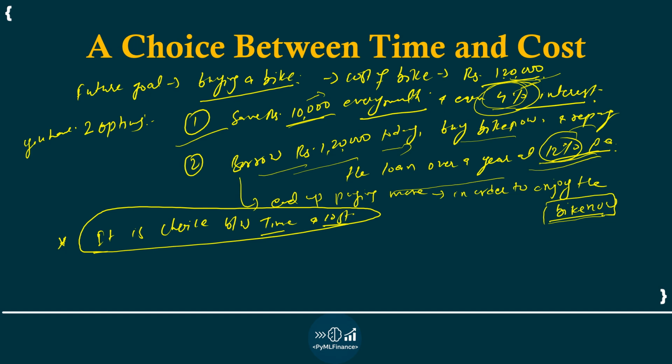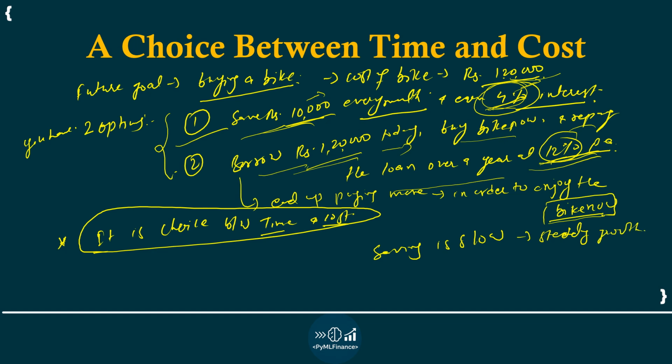So that's the reason we say that it is important to understand how interest rates work before making any financial decision. Here you have to make a financial decision, and in order to make it, you need to understand how interest rates work: what is the interest you are getting when you are saving money for 1 year, and what is the interest rate you are paying when you are borrowing money from the bank at a higher interest rate. So saving is slow, but it has steady growth.